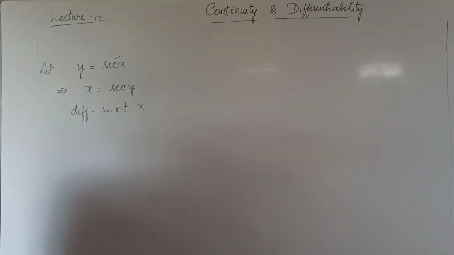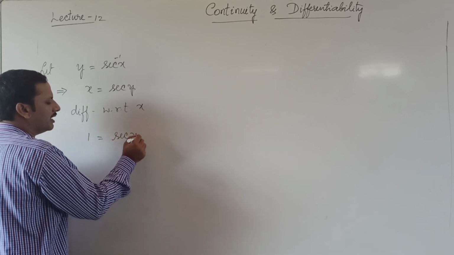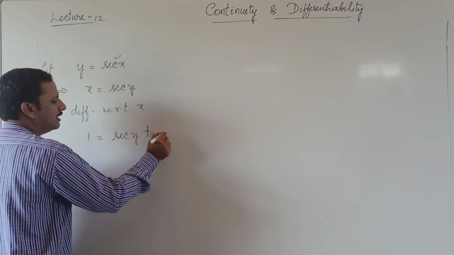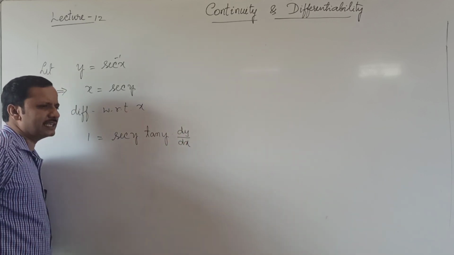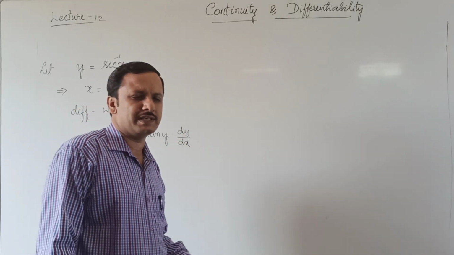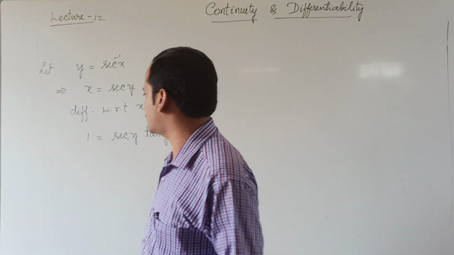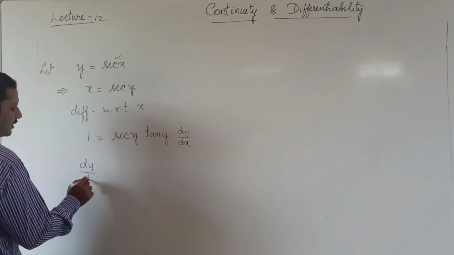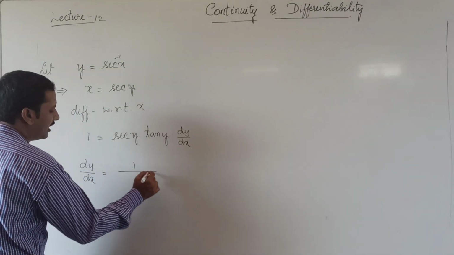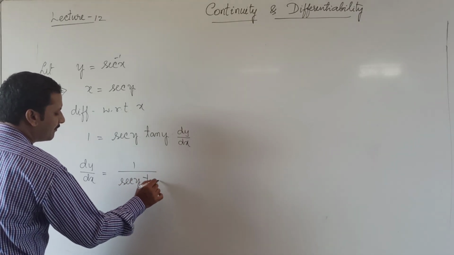Differentiating this with respect to x, we get 1 is equal to secant y into tan y into dy by dx. Derivative of secant x is secant x into tan x. So from this we write dy by dx is equal to 1 by secant y into tan y.